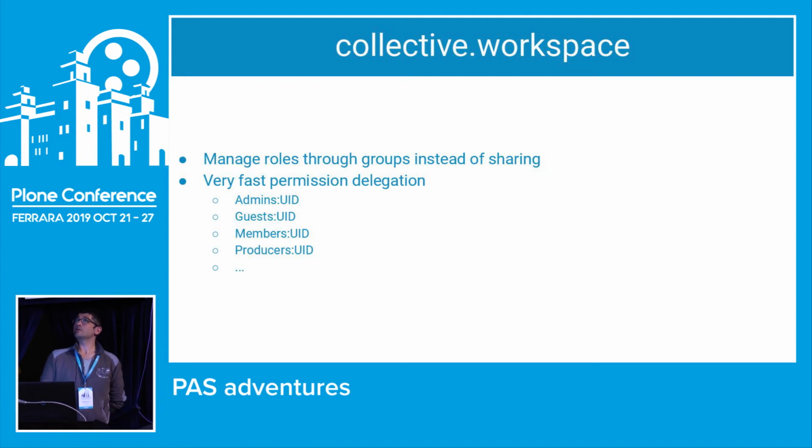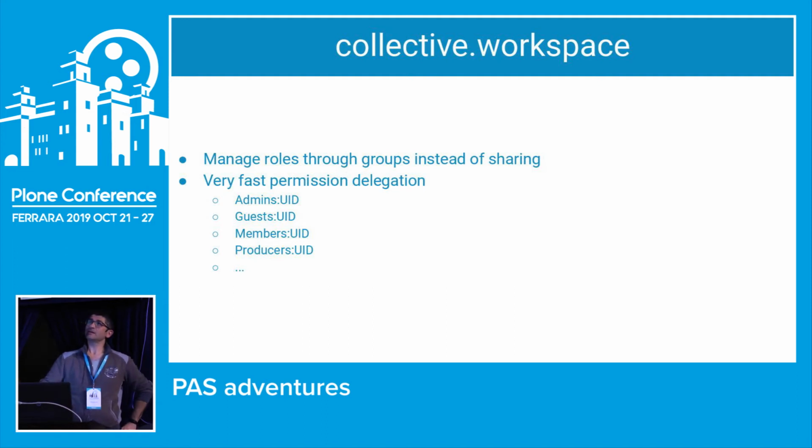Another product we were checking is Collective Workspace. Collective Workspace is a really smart product because it manages role assignment using groups instead of the standard sharing functionality that Plone has.